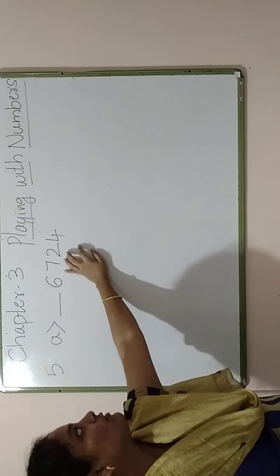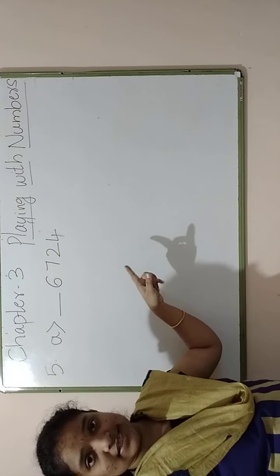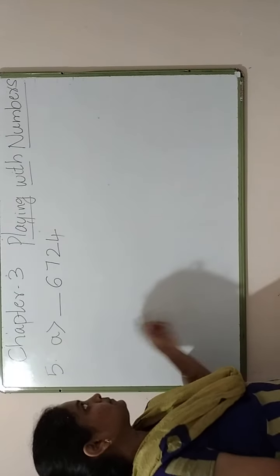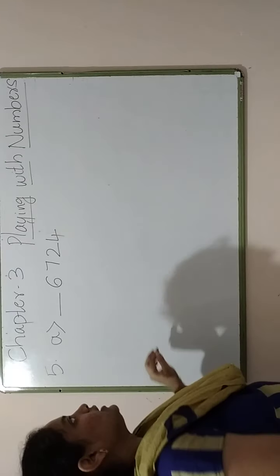When we want to check whether a number is divisible by 3 or not, what is the rule? If we add all the digits and the sum is a multiple of 3, then the number is divisible by 3, right? So let us do that.